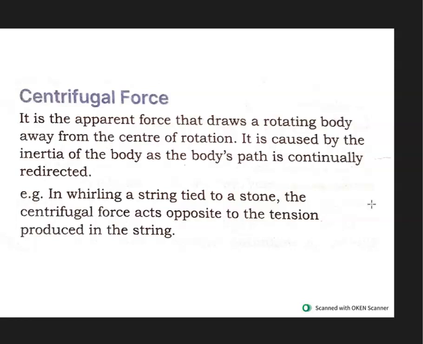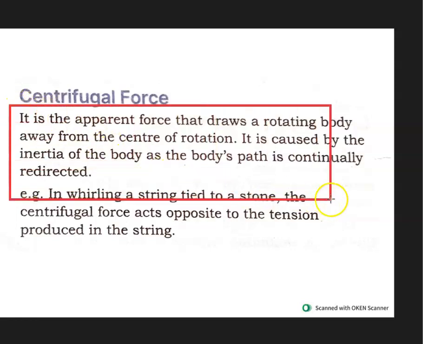Now we should remember that when we use the word petal, the centripetal force acts towards the center, while centrifugal goes away from the center. Now this is an apparent force, it is not an actual force.